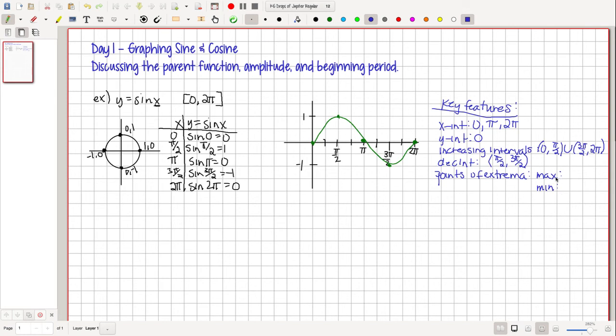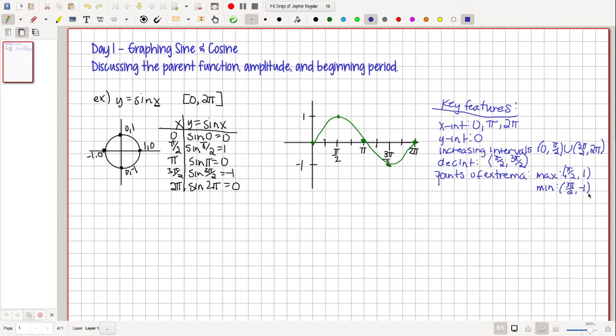So the max would be the coordinate at pi over 2, 1. That's this point right here. And this point would be our minimum. So our minimum would be at 3 pi over 2, negative 1.